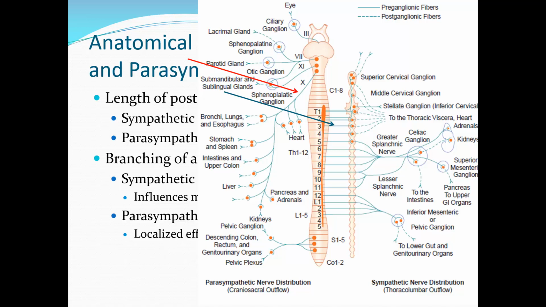And you see the ganglia for parasympathetic are much farther away compared to sympathetics, which are pretty close to the spinal cord. The postganglionic fibers for parasympathetic are short, for sympathetics are long. As for the branching pattern, parasympathetic in red has a very localized effect. For sympathetic, a very diffuse effect.